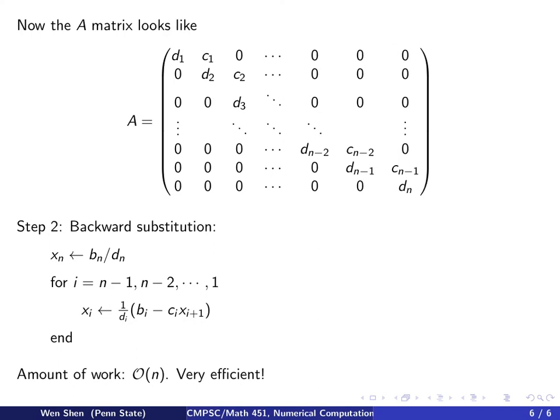We see that basically it's a for loop, and also the elimination is a for loop. So 1 flop, 2 flops, 3 flops, so 3n here, and similarly for the elimination. So the total amount of work is some constant times n. So we say it's of order n. So that is very efficient.